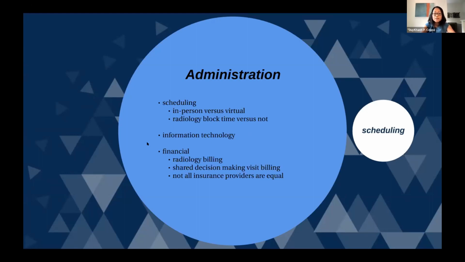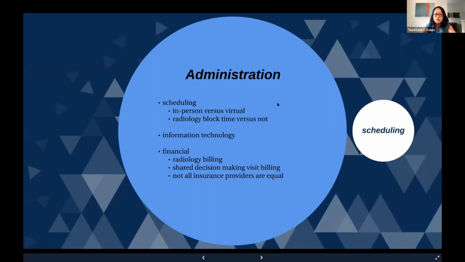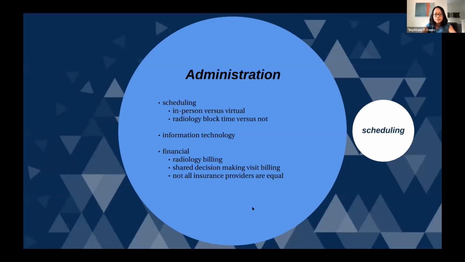Even though the USPSTF has given lung screening a grade B recommendation, meaning that it should be covered by insurance, not all policies actually cover preventative care. So we've had a handful of patients who have gotten the scan and on the tail end had to pay out of pocket because their personal policy did not cover preventative care. And so now it's part of our scheduling process. We ask patients to look at their policies and make sure that preventive care is covered.